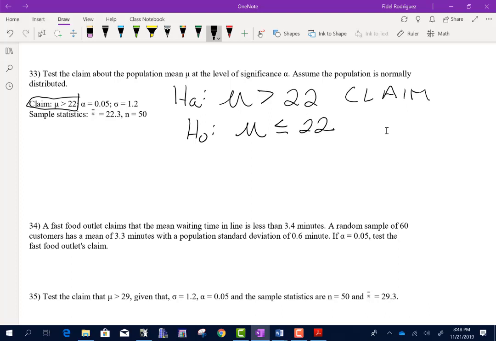Let's see, what else do we know? We know that our alpha in this case is 0.05. We know x bar is 22.3, sigma is 1.2, and n is 50.